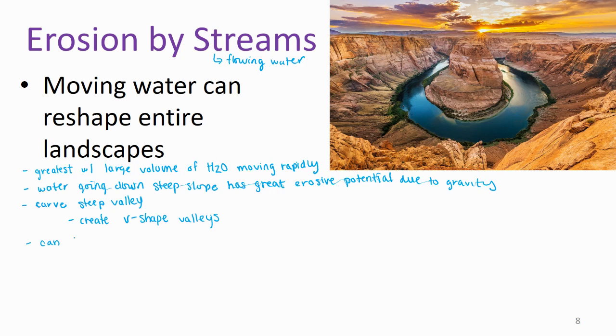And streams can have destructive results, because they carry away fertile soil. That is just one example of a destructive result.